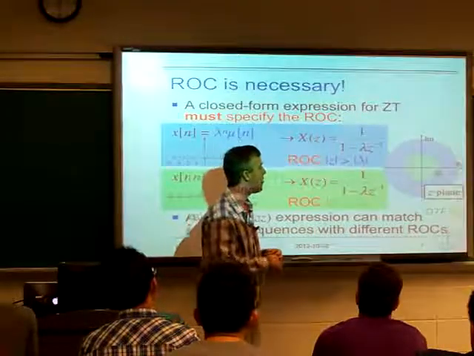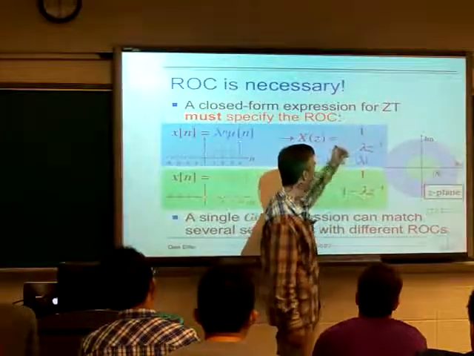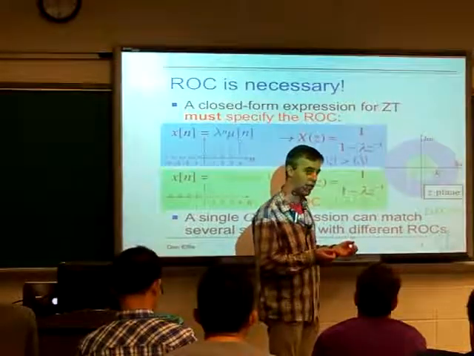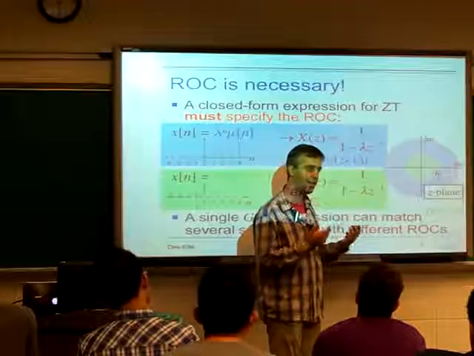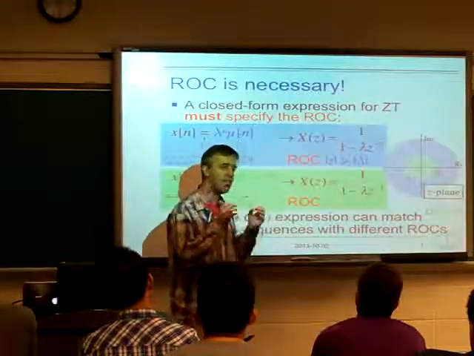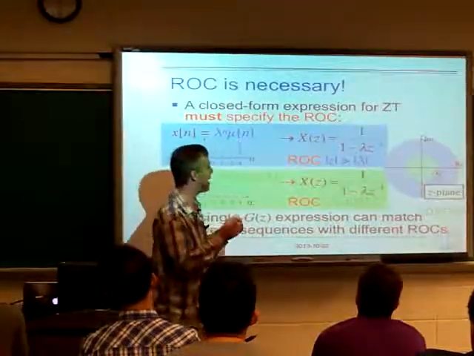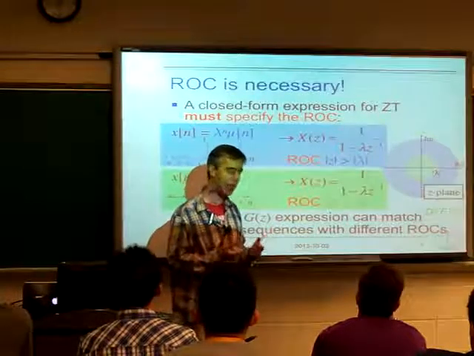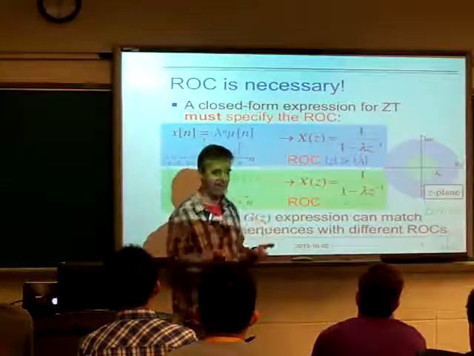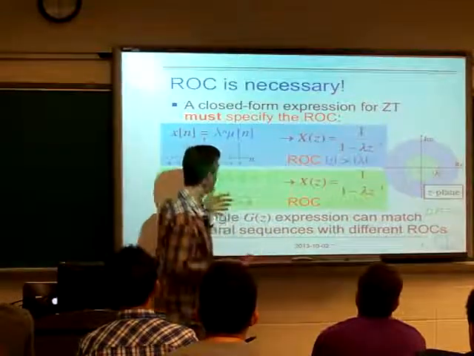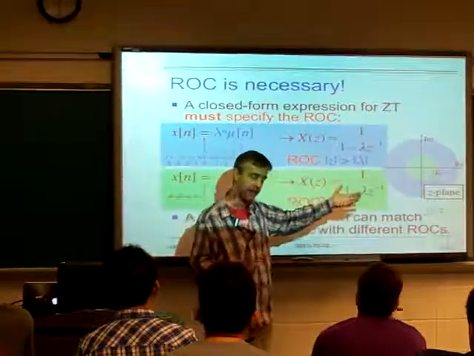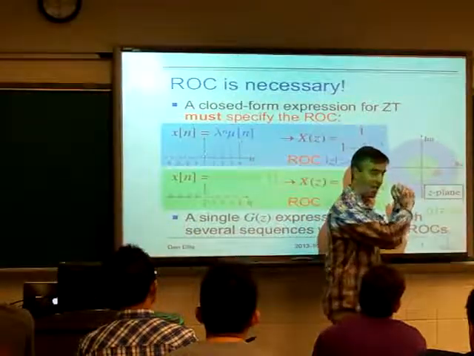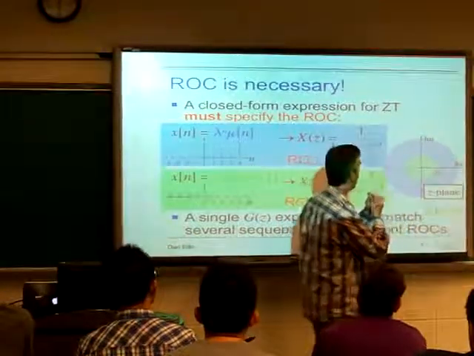Now it just happens that the closed form expression is the same for the values of z within the regions of convergence of these two sequences. But of course there's no value of z for which both of these regions of convergence is valid. And so they're different sequences with different z transforms, right? Because the z transform is the actual value of X of z for some set of values of z.